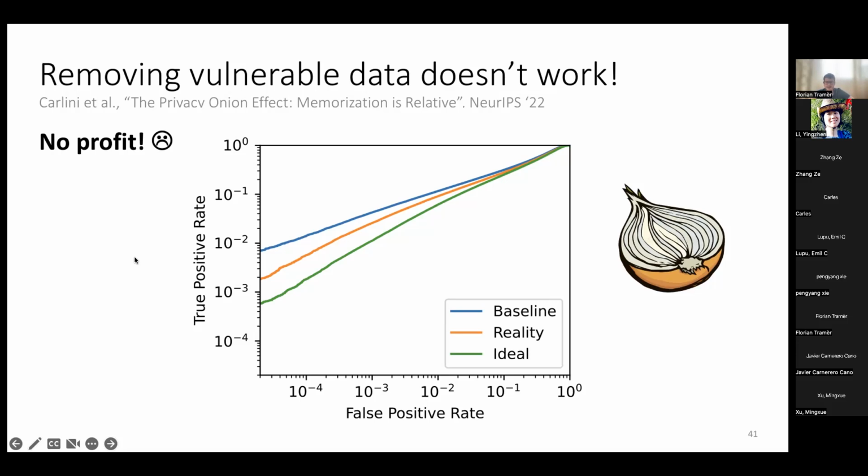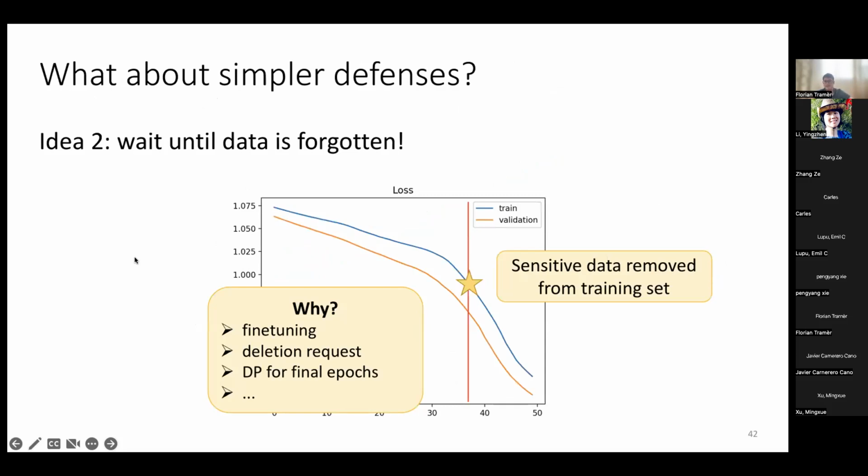Okay, cool. And then, yeah, this is the last thing I wanted to mention, a second simple defense idea we recently looked at. And this is just seeing if you could just wait until data that's been memorized by a model ultimately gets forgotten. Here the setting is slightly different than what we were looking at before. Here we're considering an online training setting where you might continuously train your model on new data.